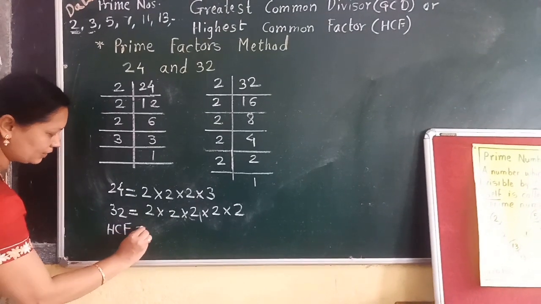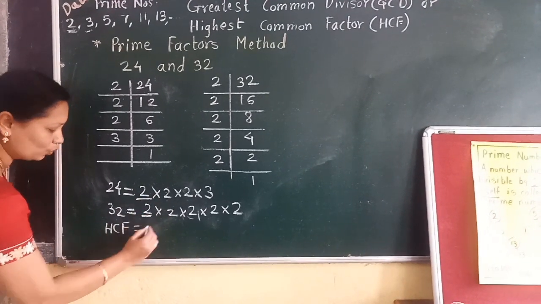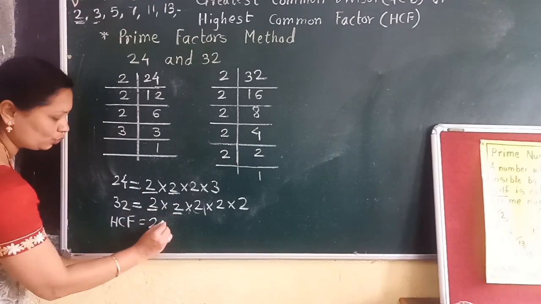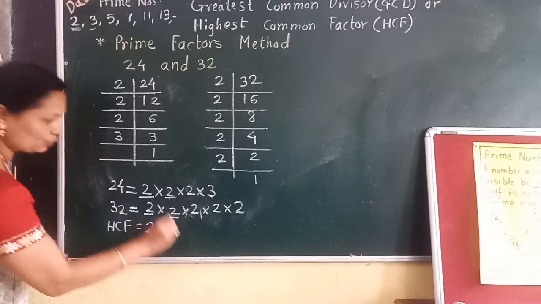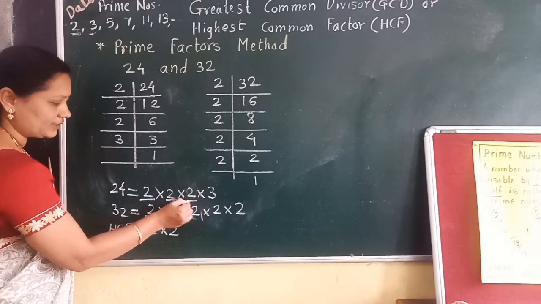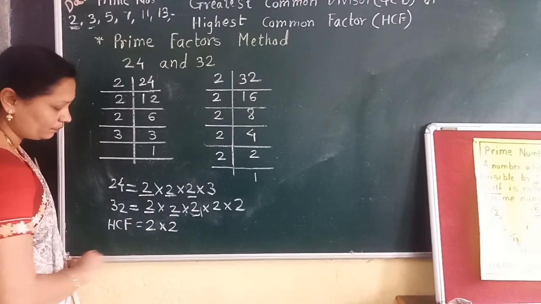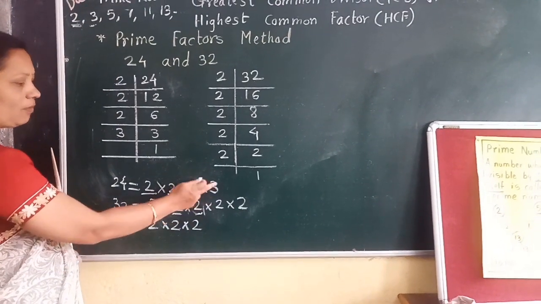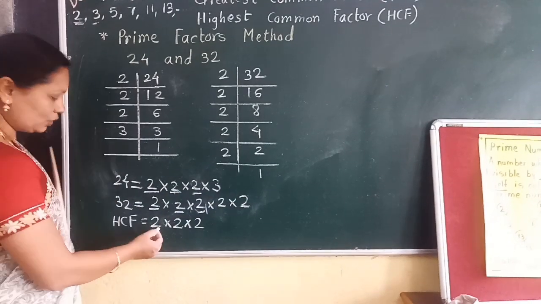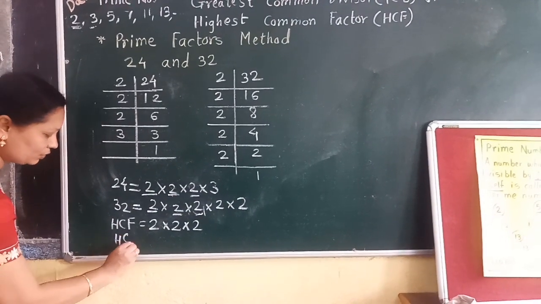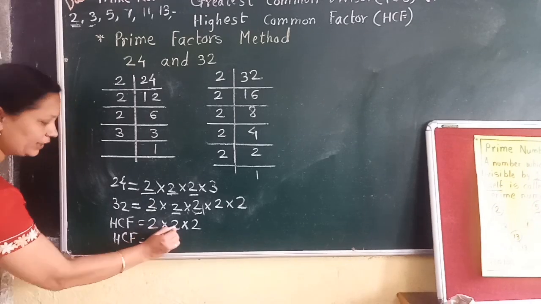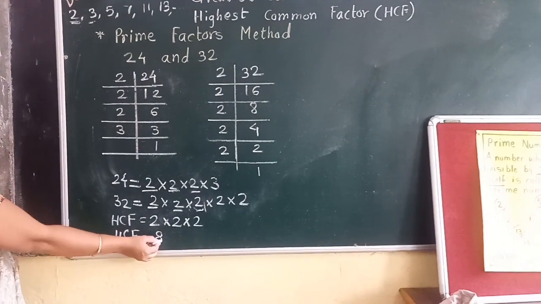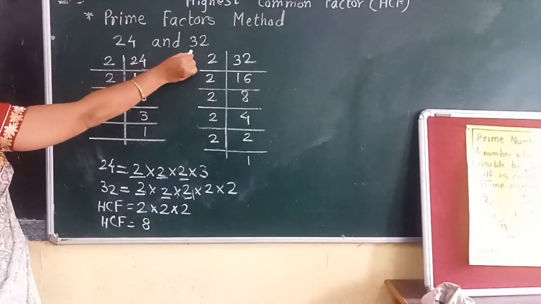HCF is equal to the common factors: 2, again 2, and the third factor is also 2. Now there are no common factors anymore. So HCF is equal to 2 into 2 into 2, which is 8. 8 is the HCF of 24 and 32.